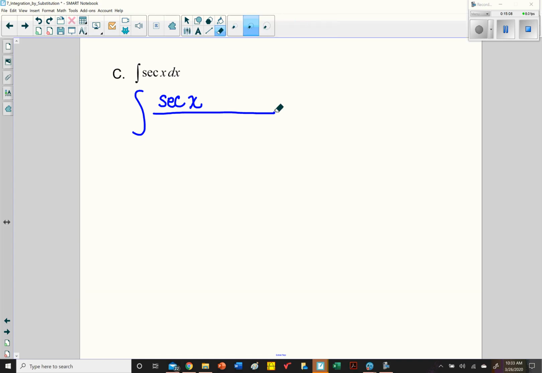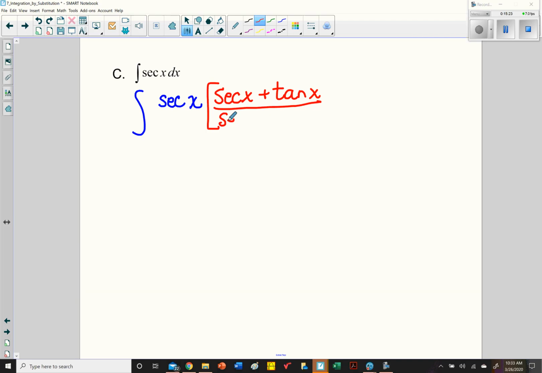Oop, need an eraser. I can multiply the secant of x by secant plus tangent. You wouldn't normally know to do this. I'm just planting that seed in your head so you can kind of think outside of the box a little bit.